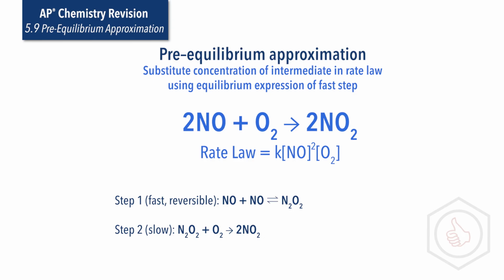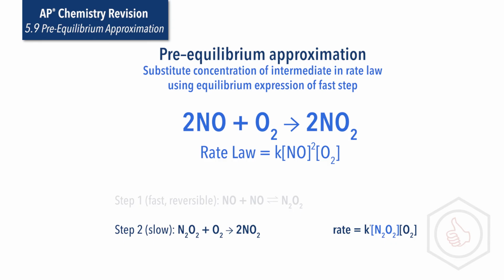Now, a rate law for the second slow step would be rate equals a constant k multiplied by the concentration of the intermediate, N2O2, multiplied by the concentration of O2. Now, the problem is the intermediate here, N2O2, isn't a reactant, so we can't include it in the overall rate law.